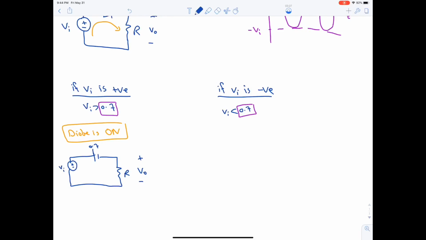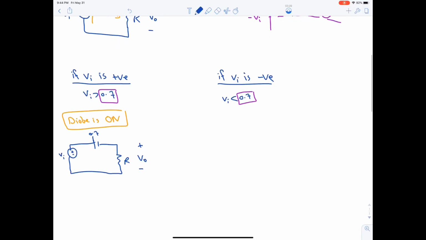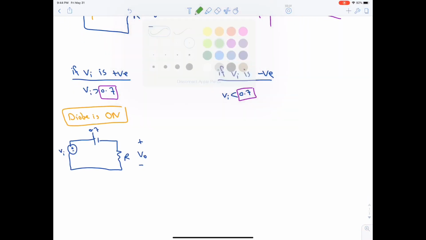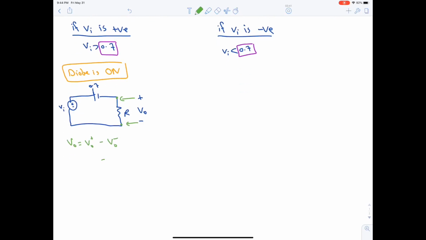So what is the output? The output is VO positive minus VO negative, which means this point minus this point. This point is 0 because it's grounded, and this point we need to think of.